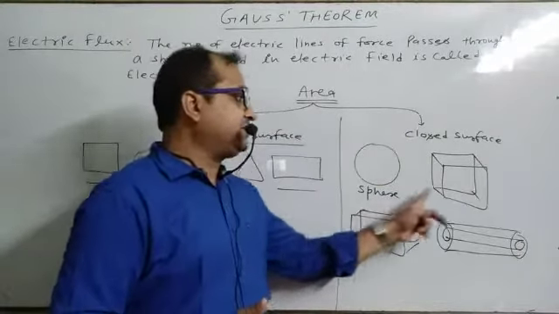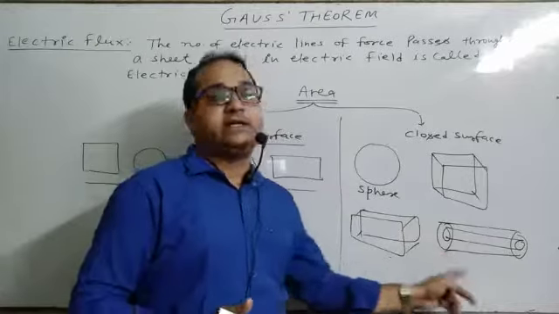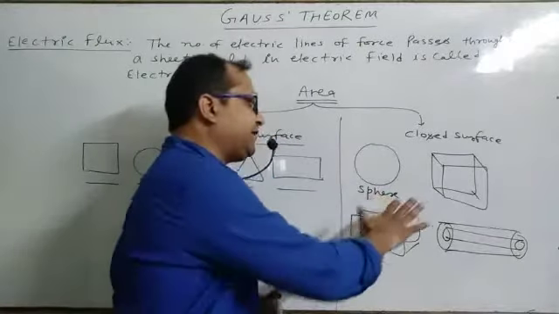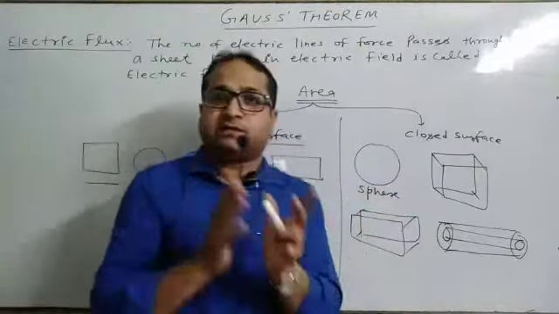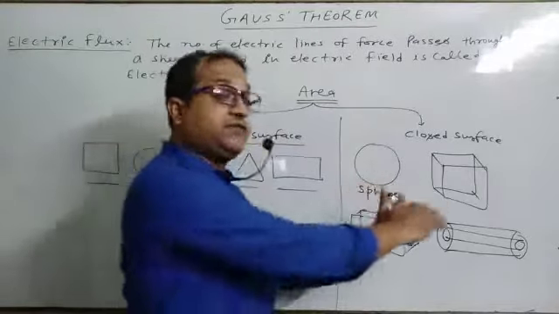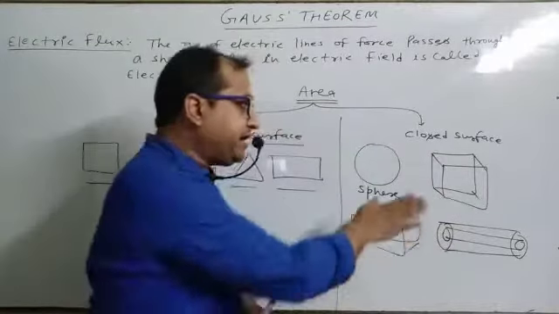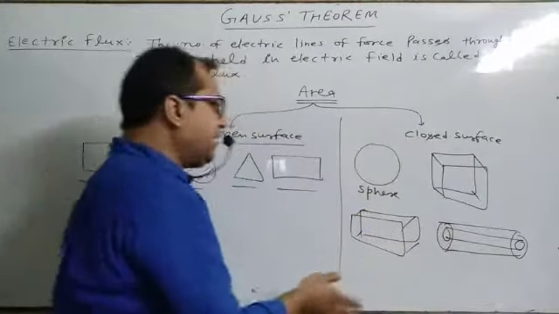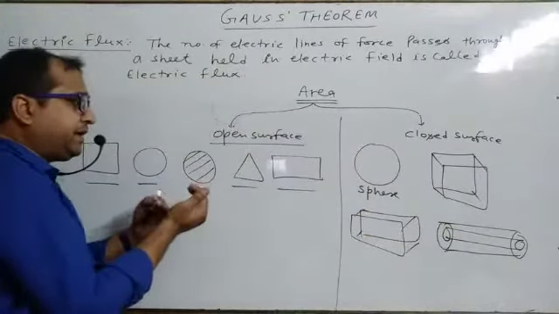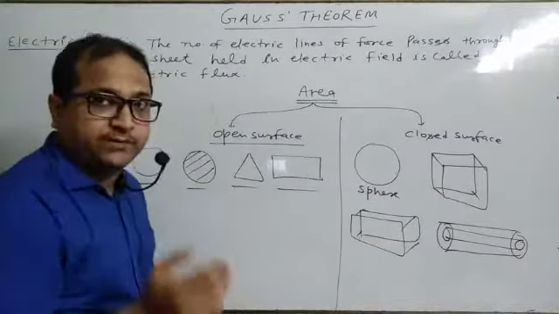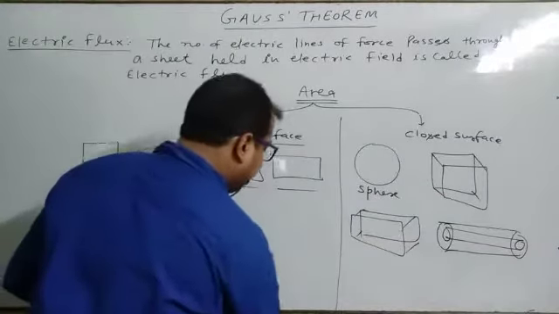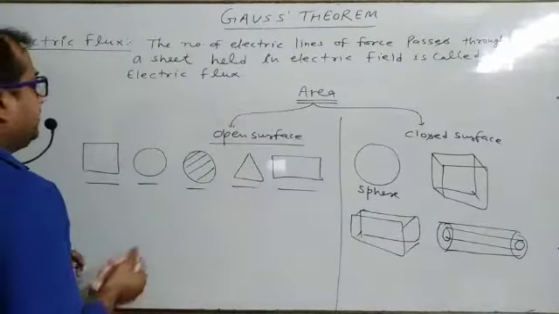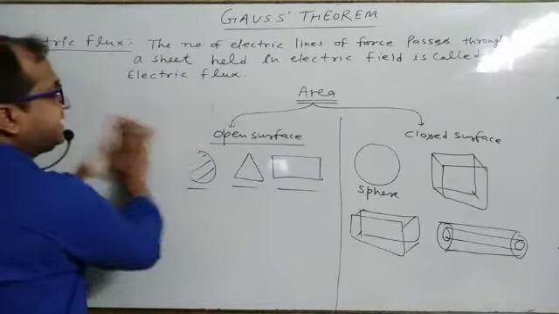This is a sphere, this is a cube, then cuboid and cylinder. In this type of surface, it is called closed surface, and the direction of area vector is always outward normal. Here the direction for closed surface is outward normal, and in open surface, inward and outward both will work. Please remember. Okay, now we have a new definition, electric flux.